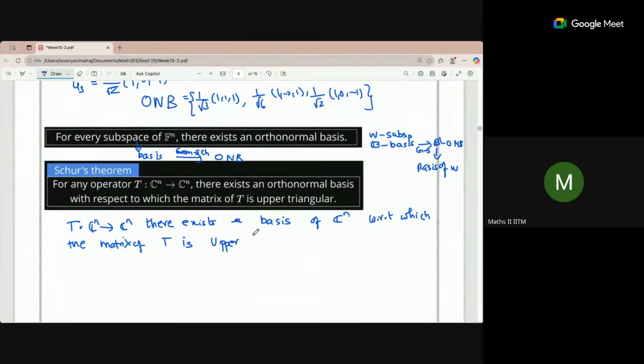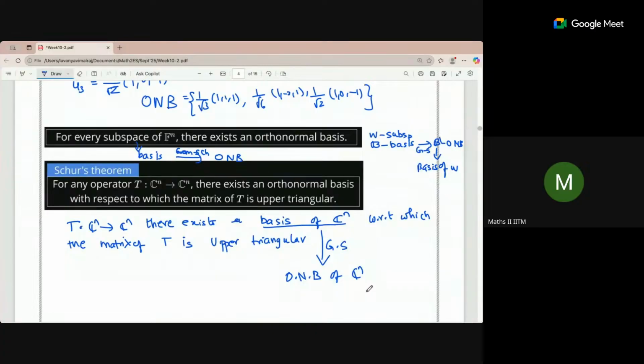This is what we already know. Now we already have a basis of Cn. Now you apply Gram-Schmidt and convert it into an orthonormal basis of Cn, and then we get Schur's theorem: there exists an orthonormal basis with respect to which the matrix of T is upper triangular.